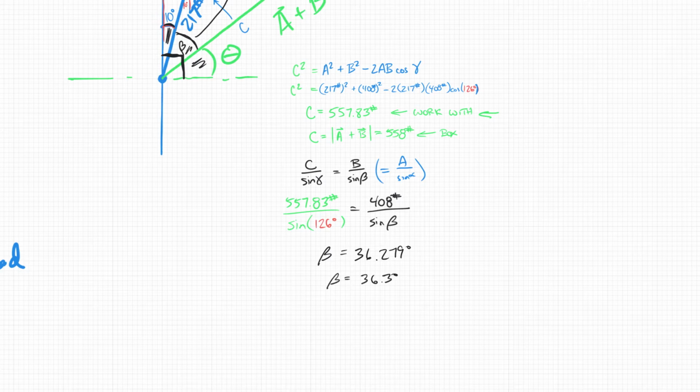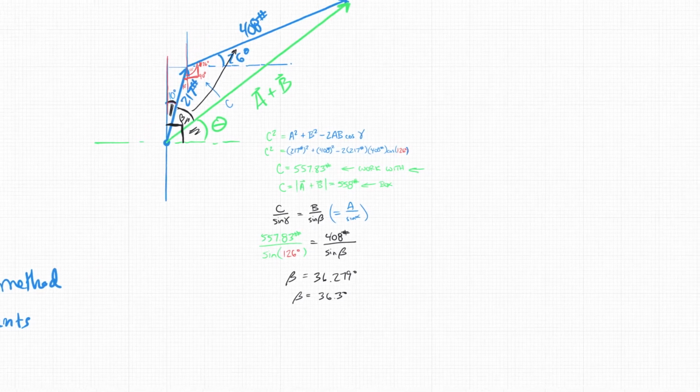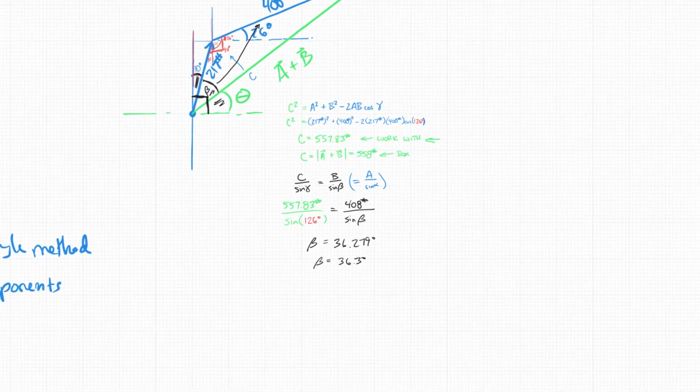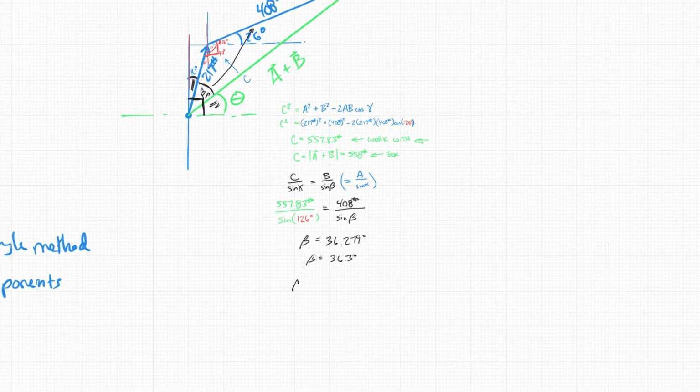So your answer, if we're reporting this, is going to be something like A plus B, or we could call that C, equals 558 pounds at an angle of, rising off of the x-axis by 36.3 degrees. So we report 3 significant digits.